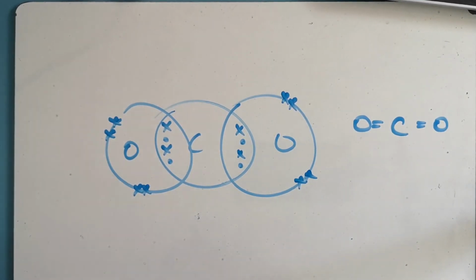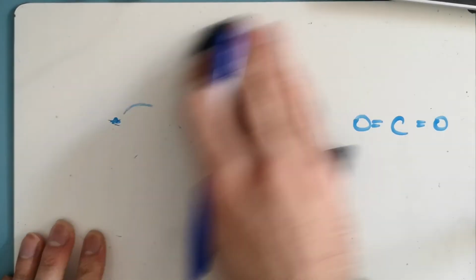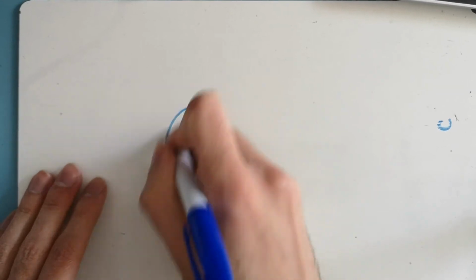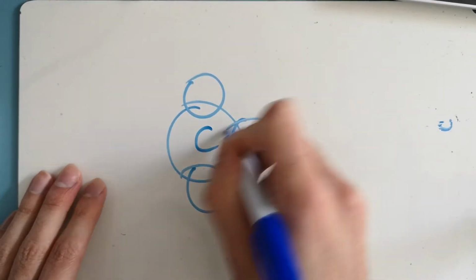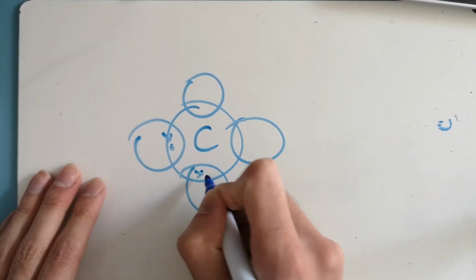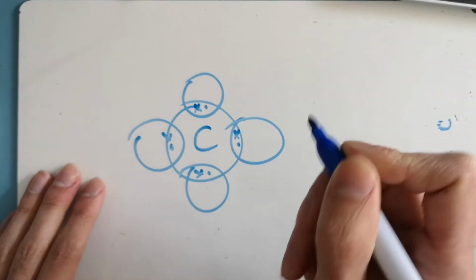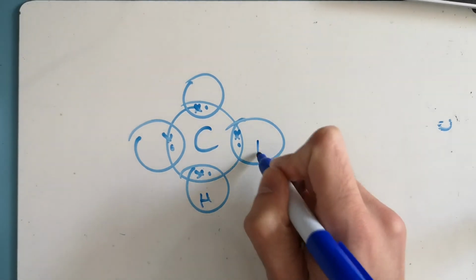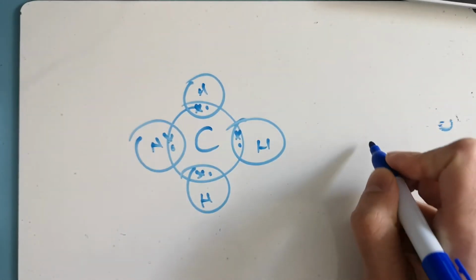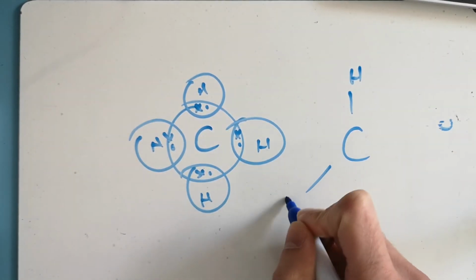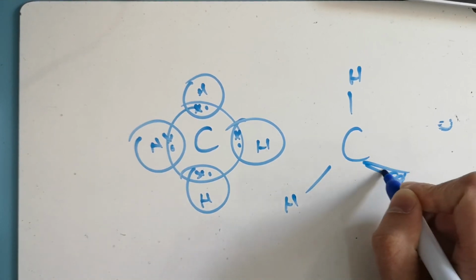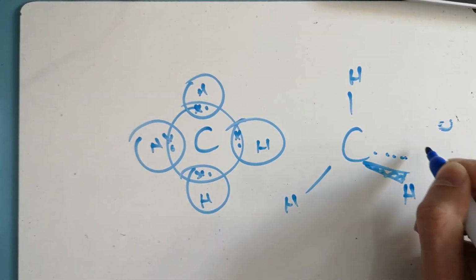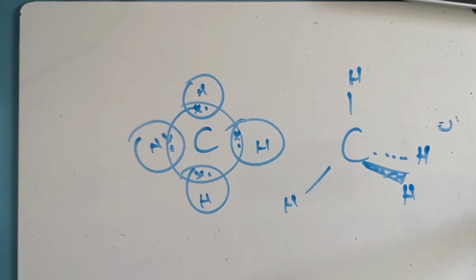C, methane, classic methane. Carbon with 4 hydrogens around. Carbon's in group 4, so all 4 electrons from the carbon are in covalent bonds with the hydrogens, which gives us this caltrop shape, so that's tetrahedral.